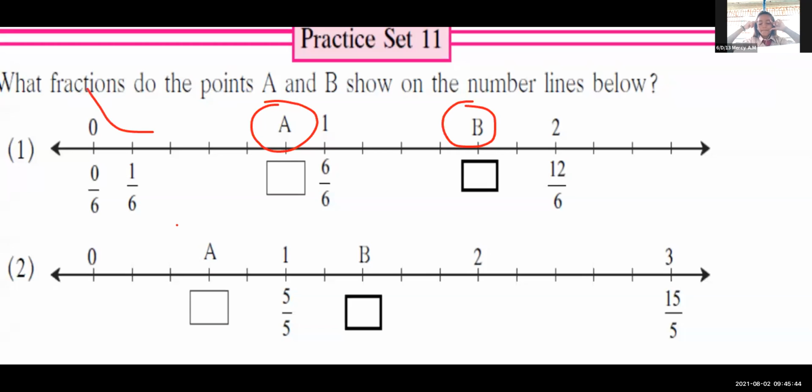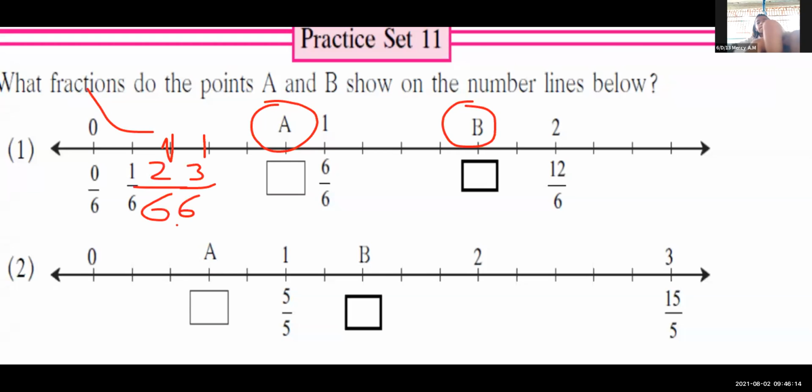Then it will be 1 upon 6, already given. Now this second line will show which number? Very good. It will show 2 upon 6. Okay, now after 2 upon 6, what will be written over there? Very good. After 2 upon 6, 3 upon 6.